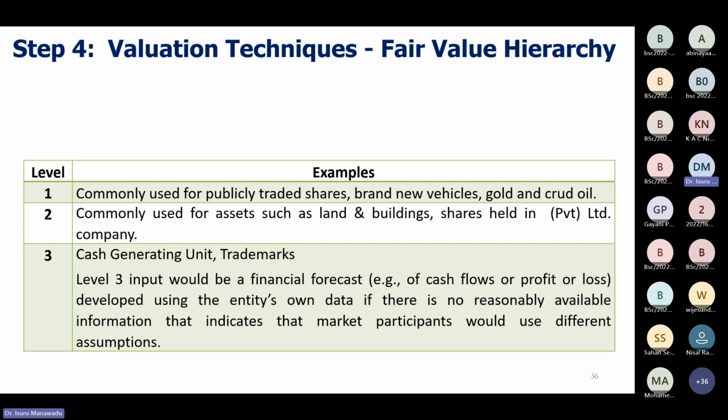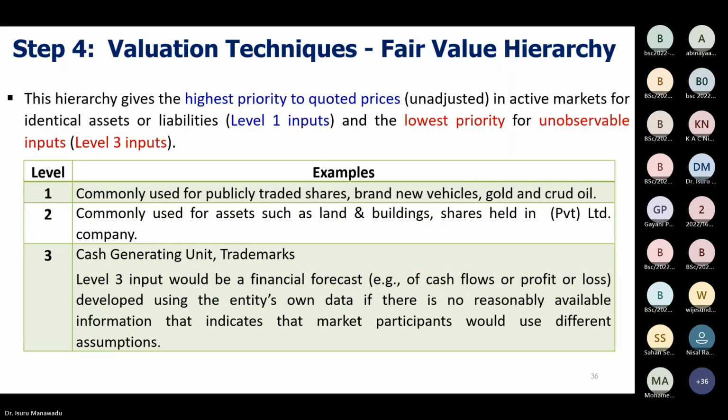Observable data is not available, so for level 3 inputs we need to forecast and estimate to measure fair value. It has the lowest priority, being unobservable inputs, right? So we need to try to get observable inputs, either level 1 or level 2. If not available, then we can move to level 3. Priority should be given to the first two.